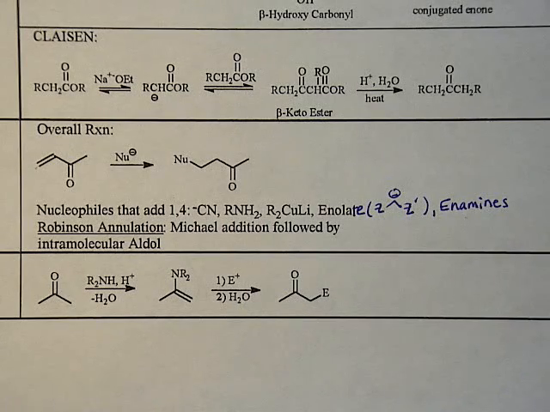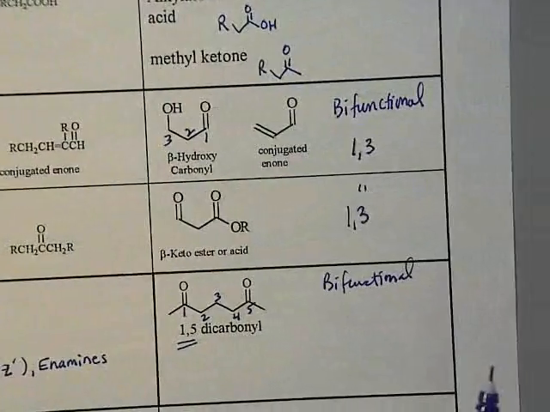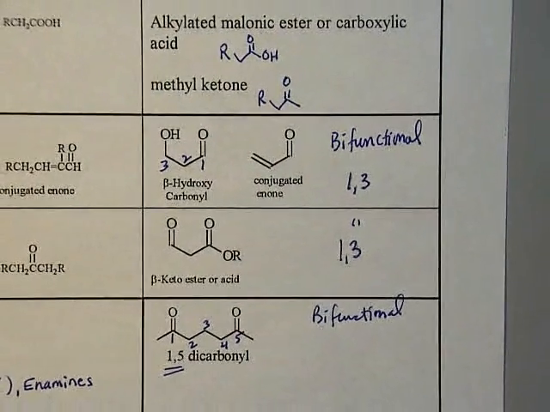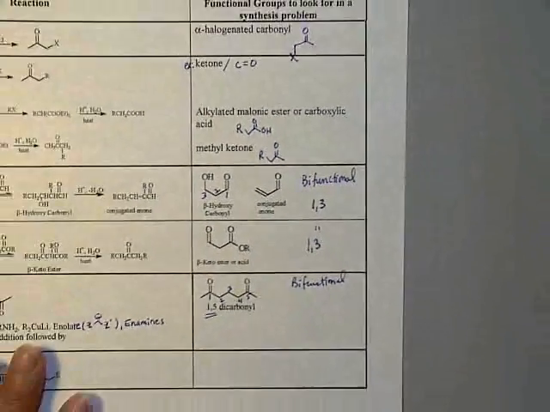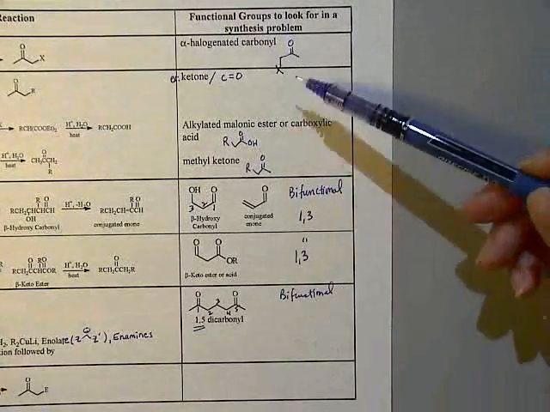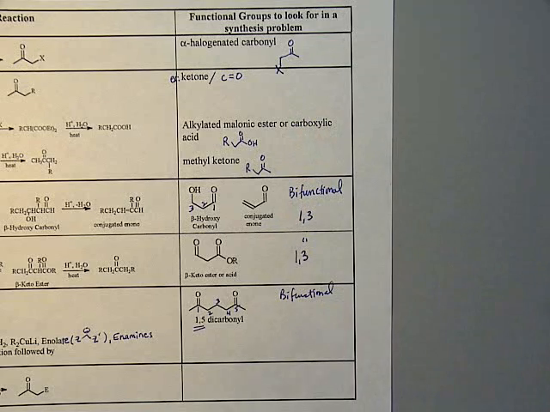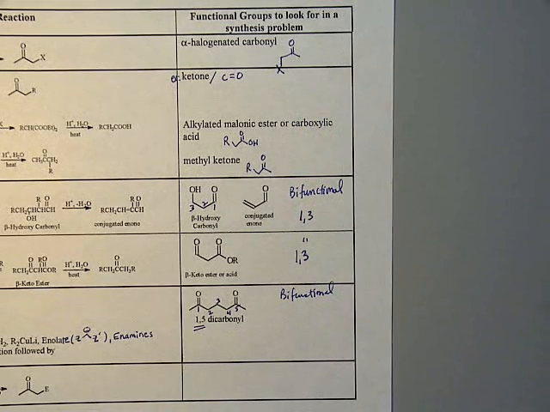All right. So that's sort of like a review of all the reactions in this unit. And so what you want to be familiar with is starting to recognize these functional groups in a synthesis problem. So I made up 5 synthesis problems for us to do.